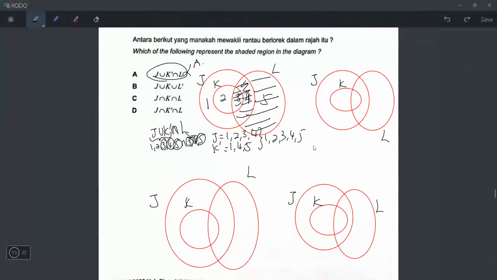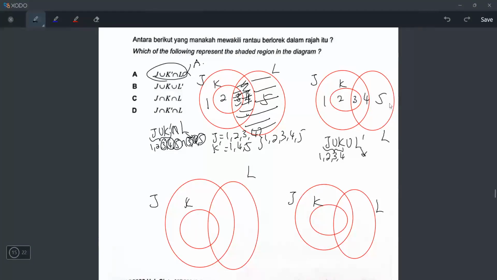Let's go to B. B says J union K union L complement. Let's label it 1, 2, 3, 4, 5. Let's do J union K first. J union K means take everything from J and K, so it's actually 1, 2, 3, 4. And what is L complement?